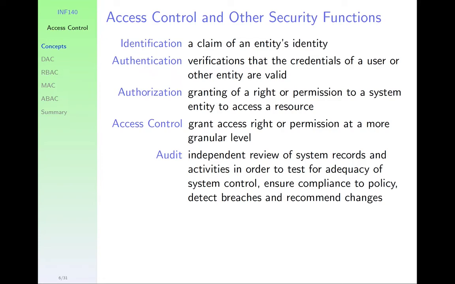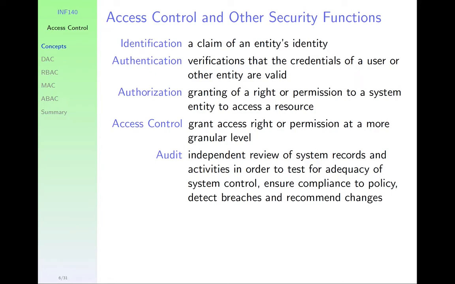Also, if there are access control breaches, which we also call security breaches, this audit activity can detect these kinds of breaches. And for later use, the audit will provide recommendations or suggestions, which we can interpret as improvements to the current policy: which part is not properly implemented, and which part can be further improved.